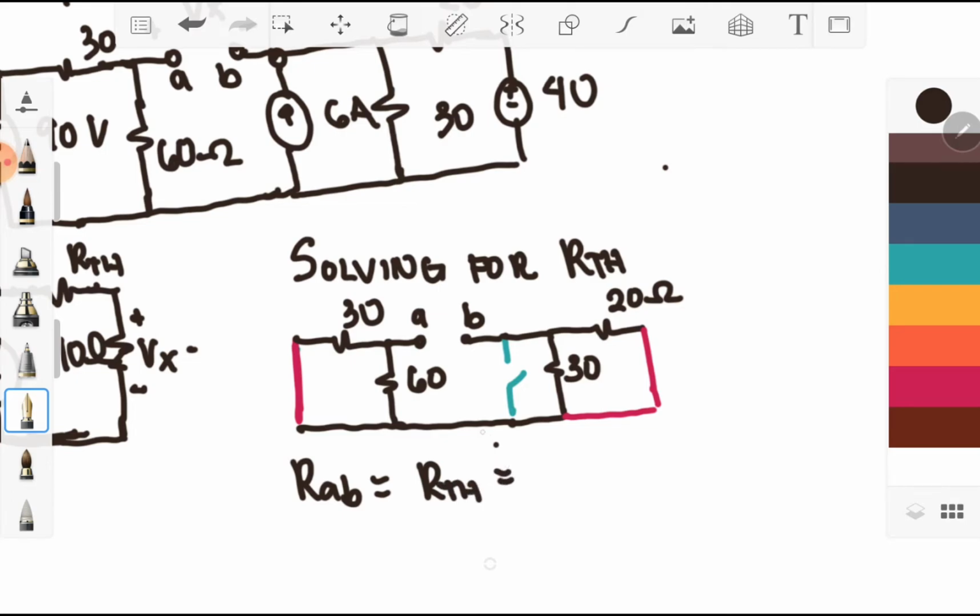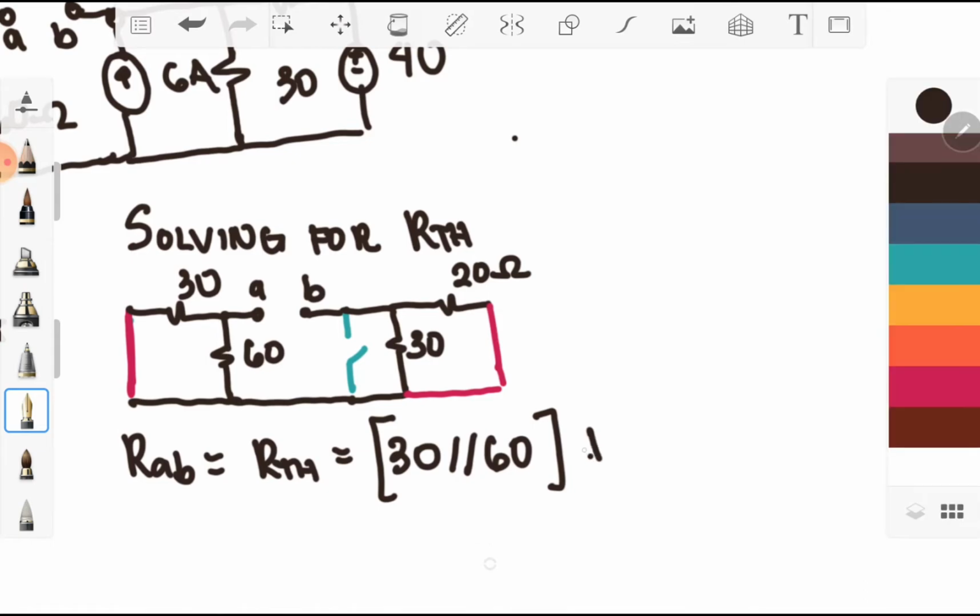so we will have the series combination. Take note that it is the series combination of your parallel combination of your 30 in parallel with 60 plus 30 in parallel with 20. So if you cannot visualize it, I will write it.